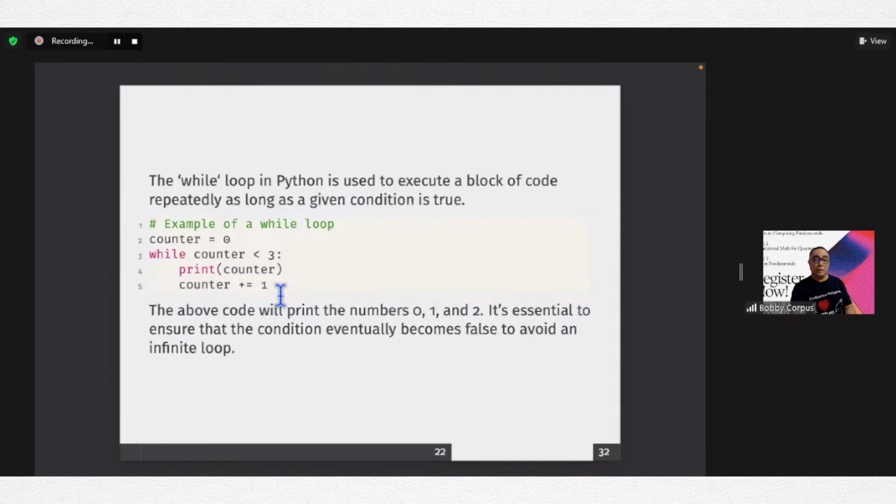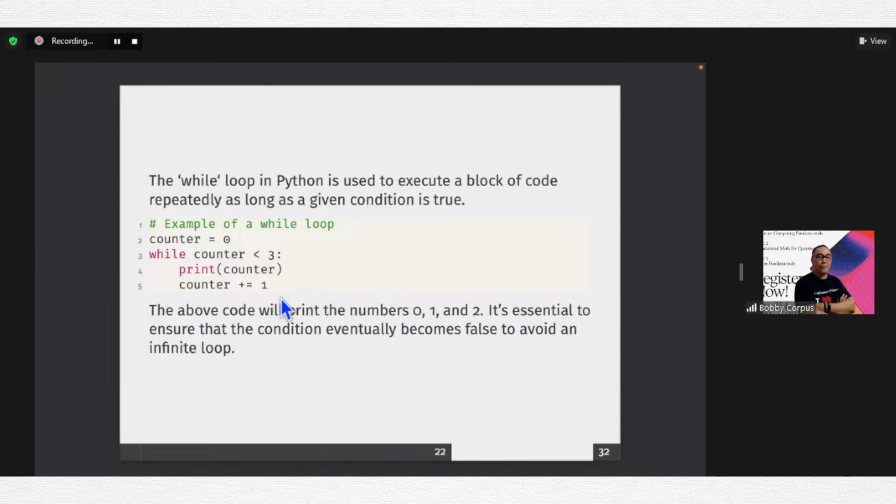Okay? And then this is the while loop. Another way of looping is the while loop, but the standard way, of course, is the for loop, because the while loop makes it very easy to make a mistake.